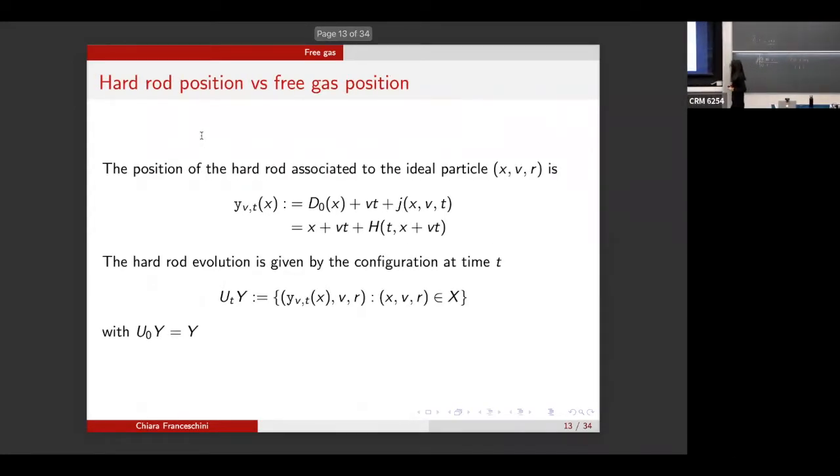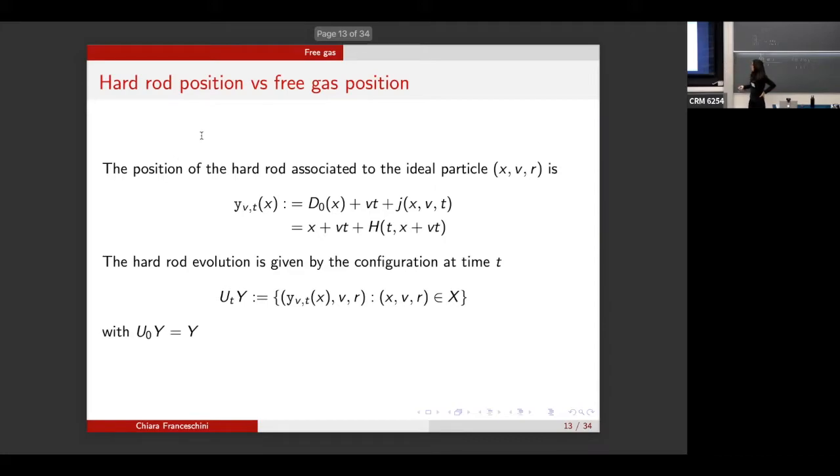And this is useful because then you can describe the hard rods evolution in terms of the free gas evolution. So one way to do that is that you describe the position of a hard rod, which I call y, in terms of the associated ideal gas particle, x plus vt. And this is precisely the dilation of the point x plus the bare speed.